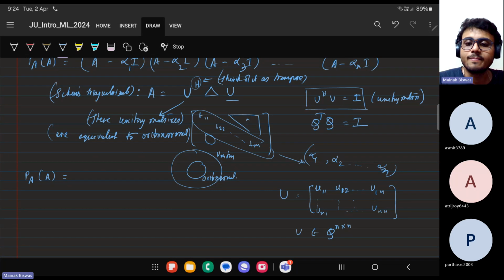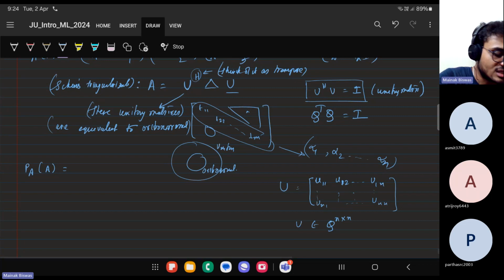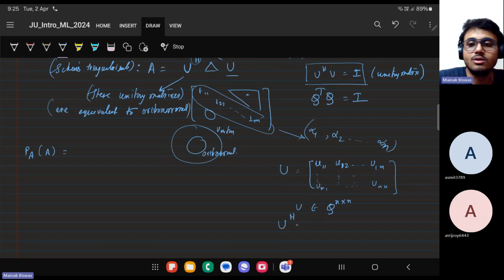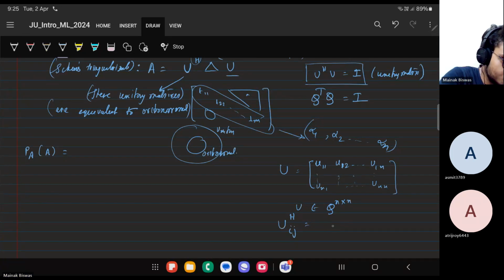So say U is a complex matrix, right? In that case, your equivalent transform is not U transpose; rather U Hermitian is helpful. Can you tell me why? U Hermitian ij is defined as Uji conjugate, right?